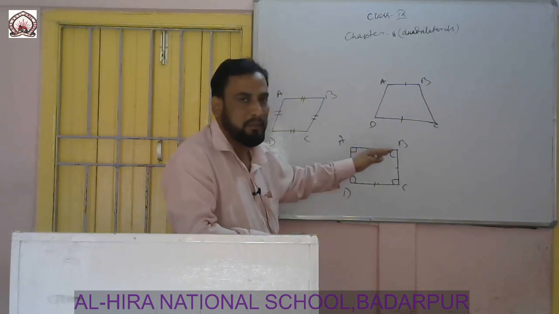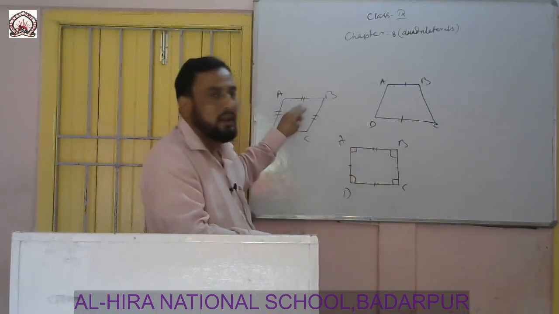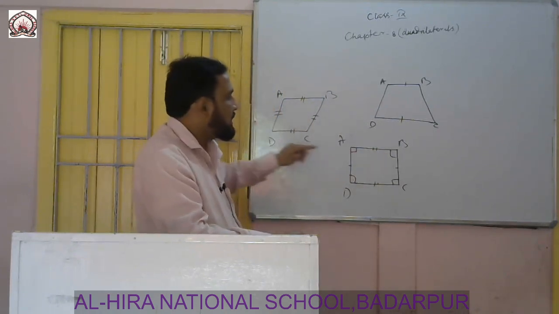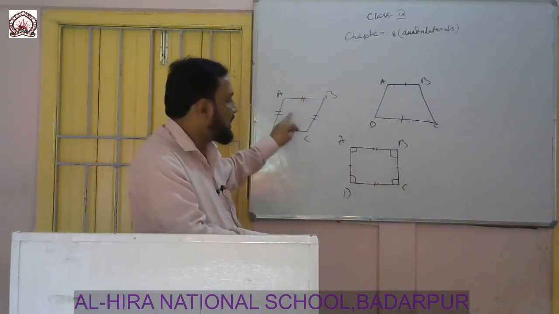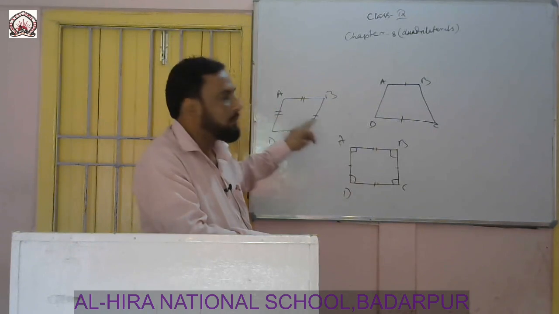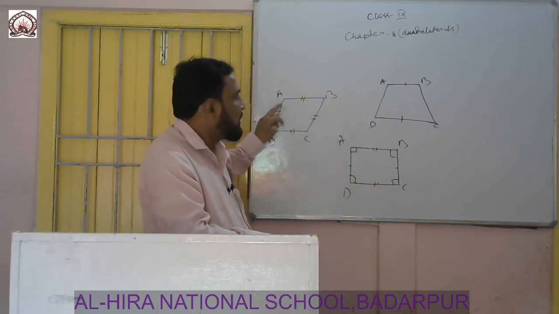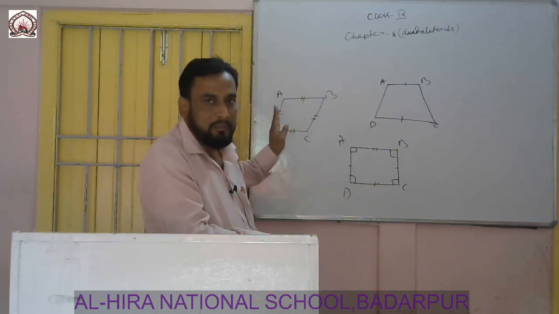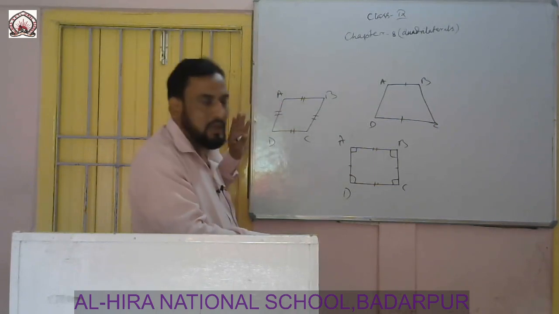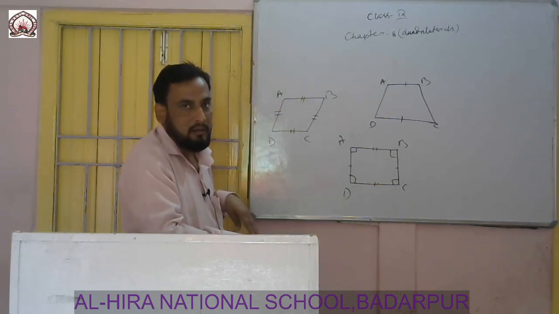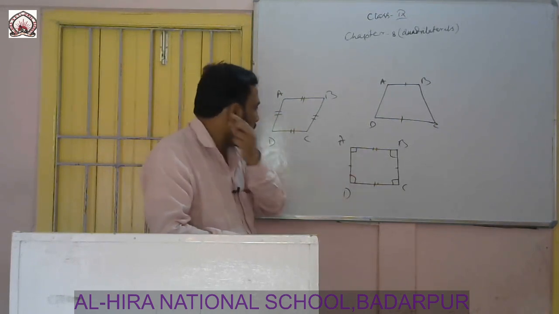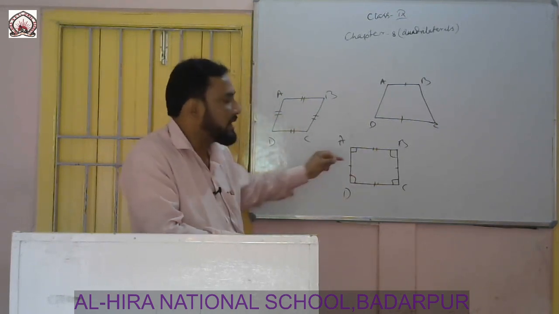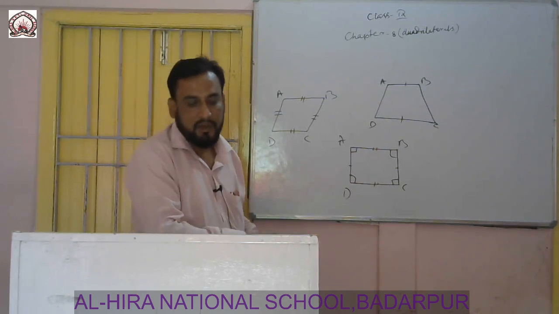Both have equal and parallel opposite sides, but in a rectangle each angle is a right angle. So the difference between a parallelogram and a rectangle is, in a parallelogram opposite sides are equal and parallel, with no mention of angles, but in a rectangle opposite sides are equal and parallel and each angle is a right angle.